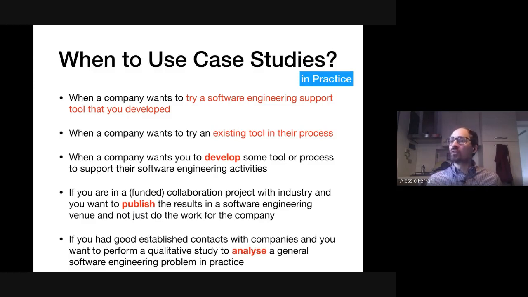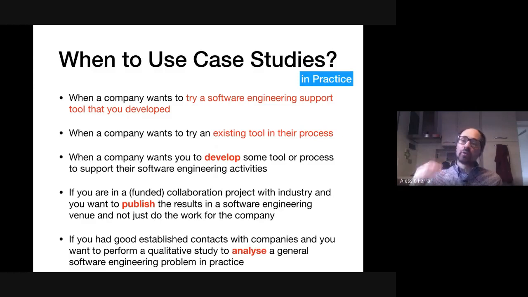You need to develop something for a company, but since what you develop is very close to reality, it is not considered enough research for many venues. In software engineering, it is possible to publish this research if you structure the research from the start with an empirical mindset. So if you set up a case study from the start.